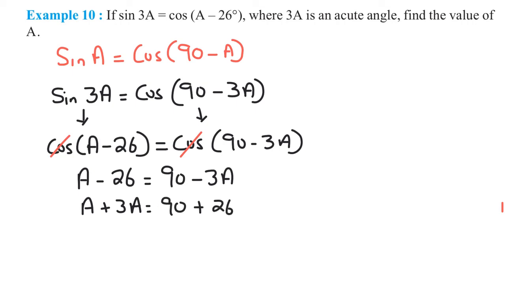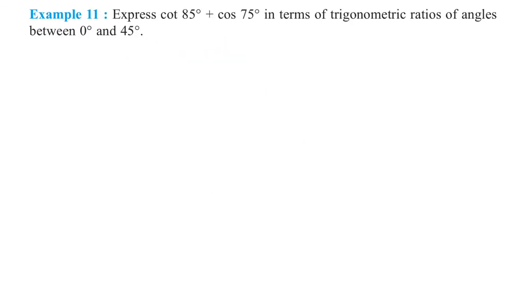Solve for A. So, 4A is going to be equal to 116. Therefore, A will be equal to 29 degrees. Very simple. So, this is how you use the trigonometric ratio of complementary angles to find the measure of angle A in this question. Let's try this.